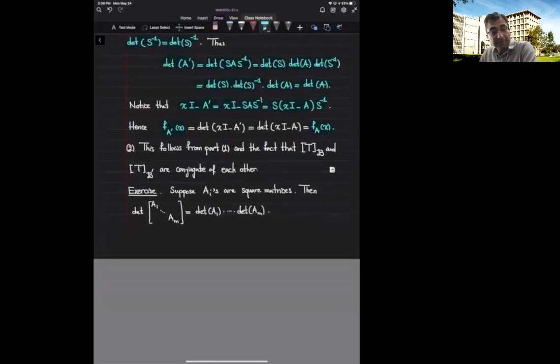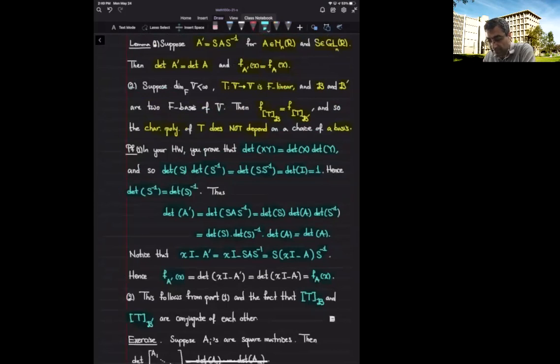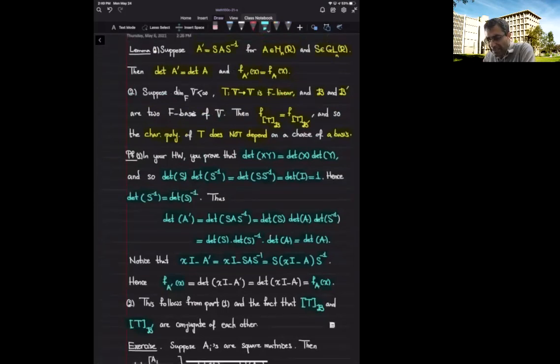Now, when I give you two different bases, as we discussed, the matrix representations are conjugate of each other, so they end up having the same characteristic polynomials, and that would give us the second part of this lemma. So I can talk about the characteristic polynomial of a linear transformation.